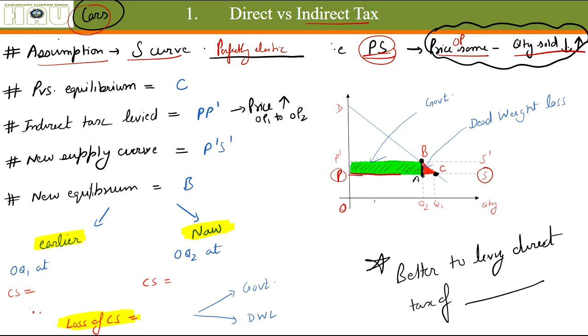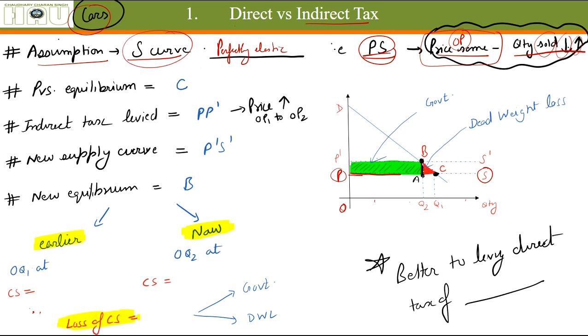You can buy this much or this much. The price will always remain the same, that is OP. The quantity that he is selling or that you are buying can be low or high, but the price will remain the same. That's why this supply curve is called perfectly elastic.